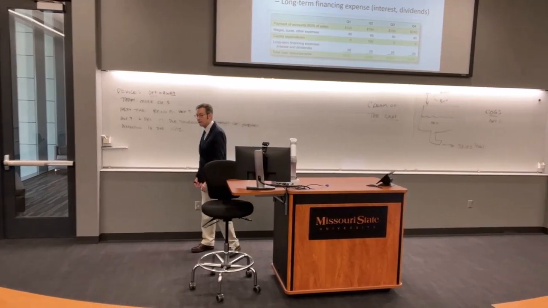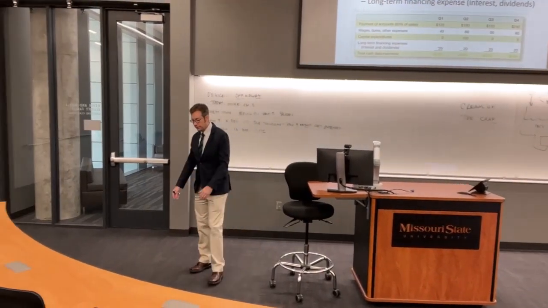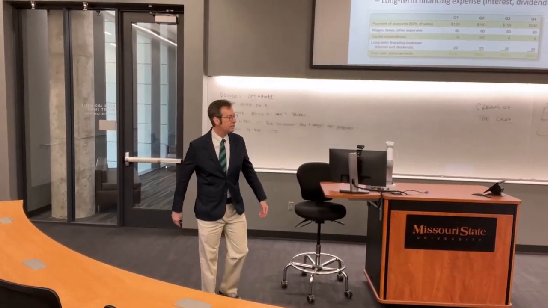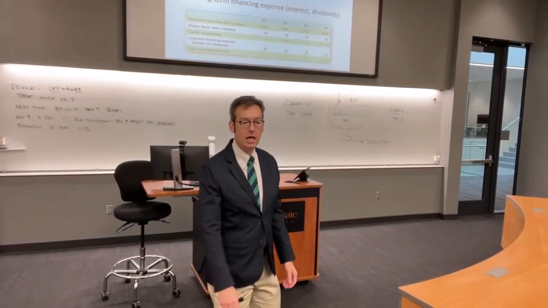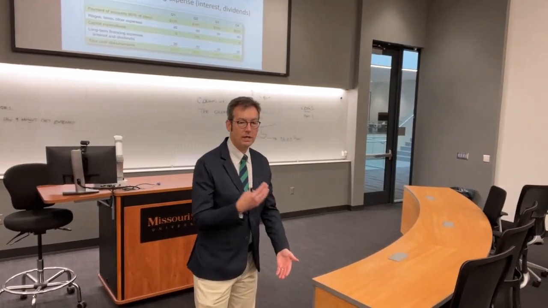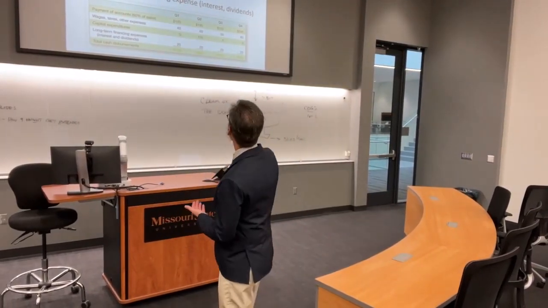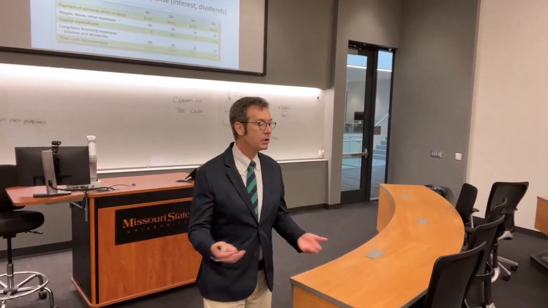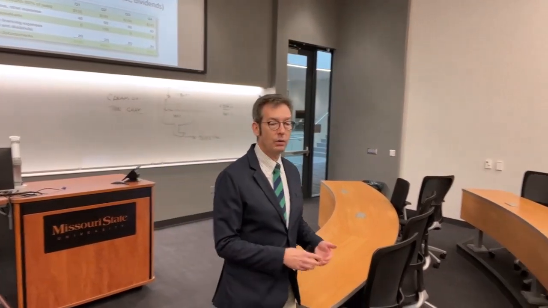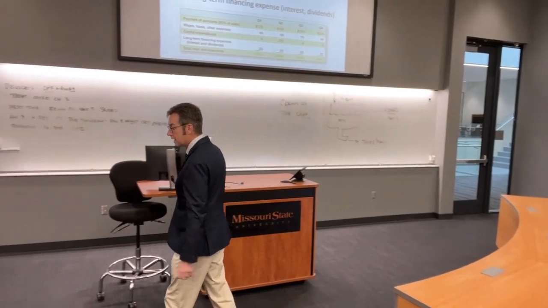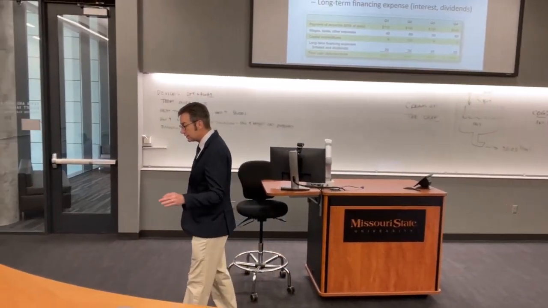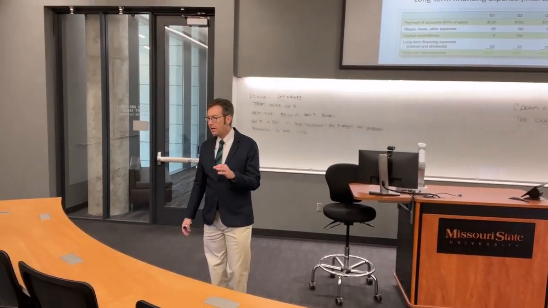Now we need to talk about cash outflows. So, what kinds of outflows do we have? Well, we've got our payments of accounts payable. And so we've got all the things that we bought, raw material and such, that we bought on credit. We've got to pay for that stuff. And we've got to pay for our wages, taxes, and other expenses. We may also have capital expenditures.